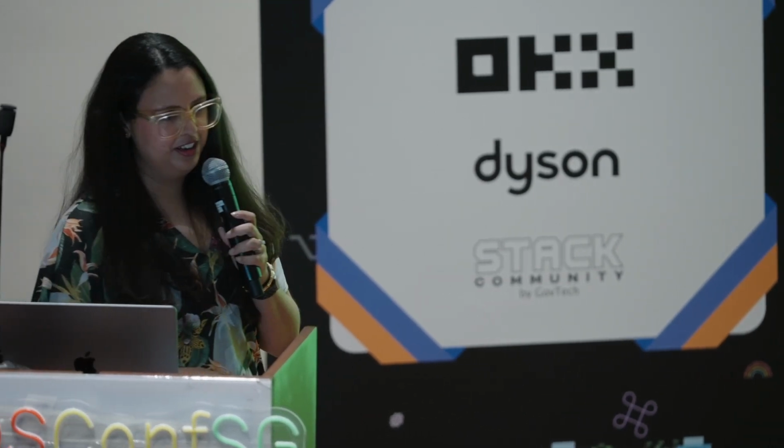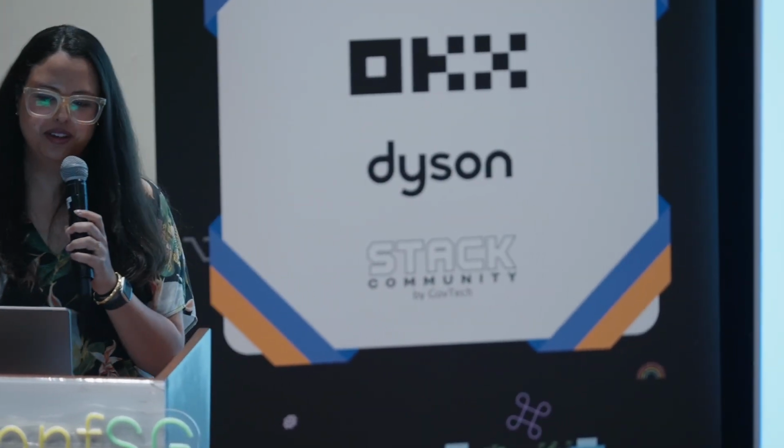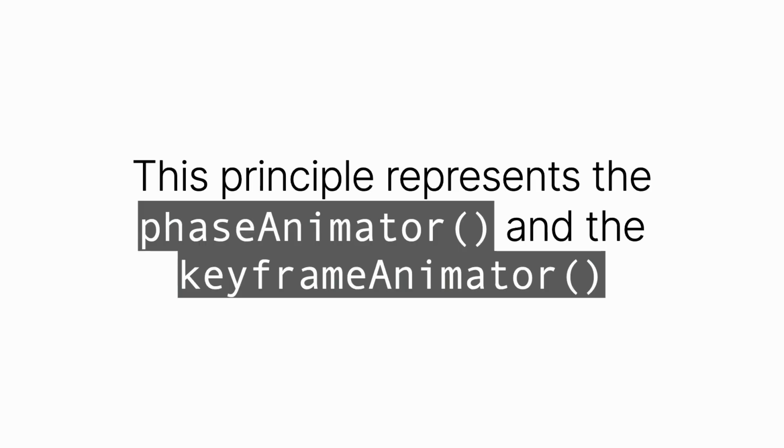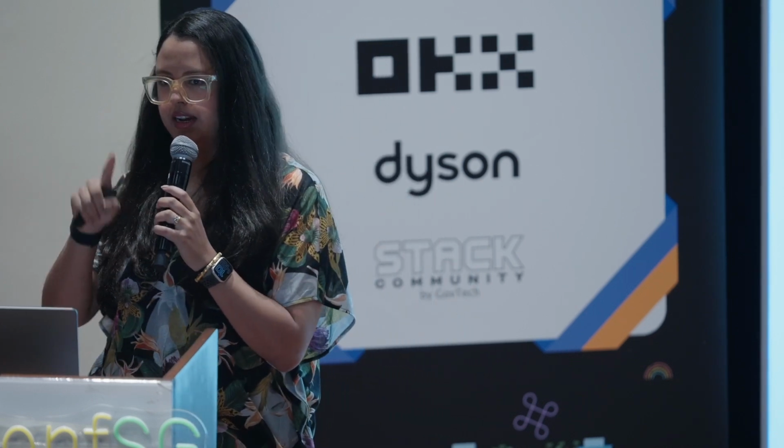Now, if anyone's already used the modifiers released in iOS 17, this might look familiar to you, because that's exactly what the phase animator and the keyframe animator are for. So, when all elements move on the same beat, meaning that they are in sync, not every element has to move at each step, so things can skip a step, but they are moving effectively from one pose or phase to the next, to the next.